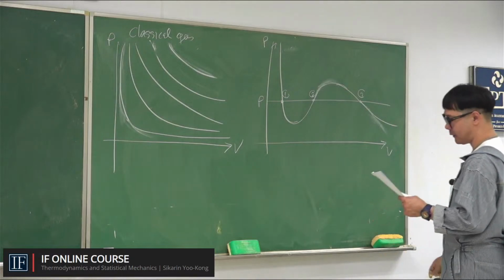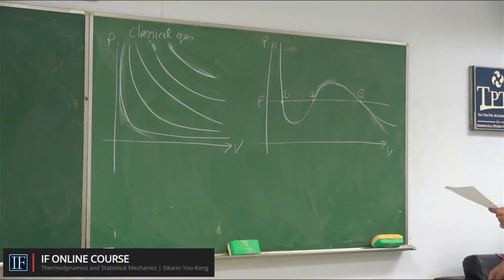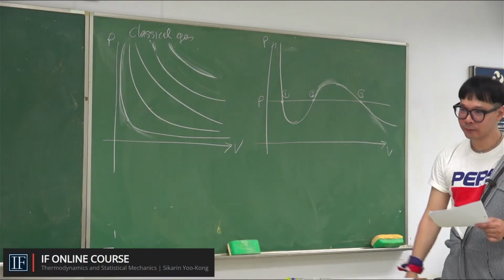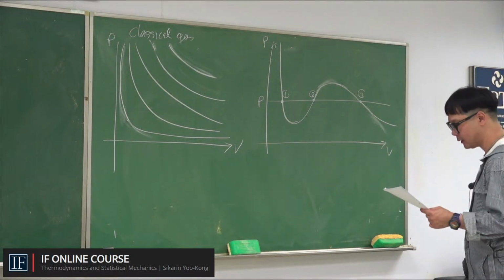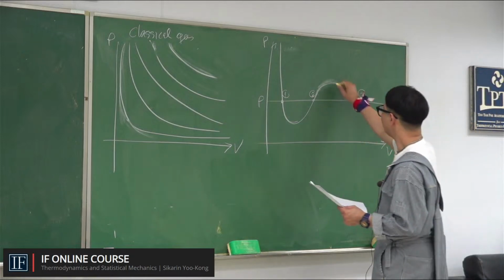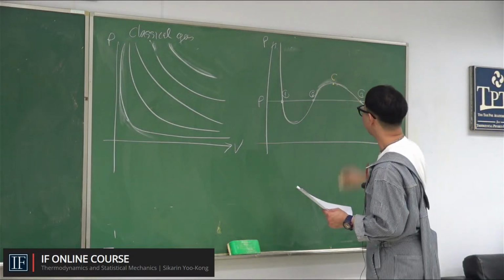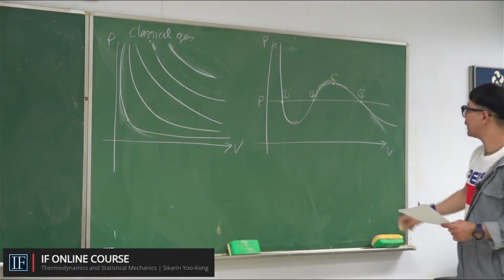You're going to have this kind of curve from that equation, I mean the van der Waals equation, and this point actually gives you the critical point.